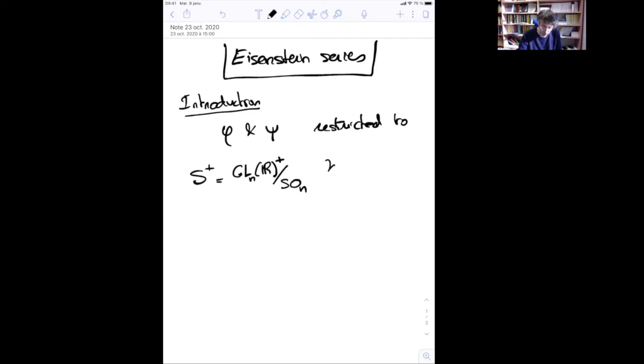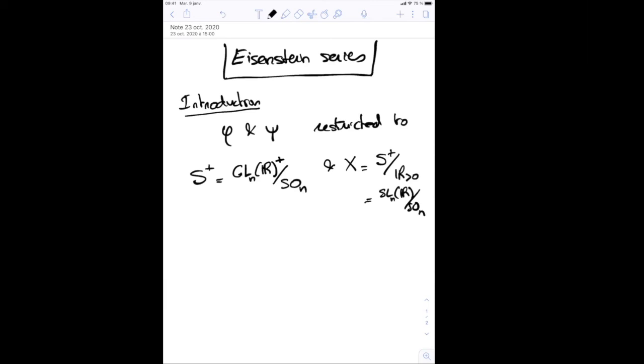And now X, in this talk, will be S plus over the positive reals, which is the same as the symmetric space associated to SL_n(R). X is a universal cover of a classifying space for any torsion-free discrete subgroup of SL_n(Z). So you see the relation with E gamma.